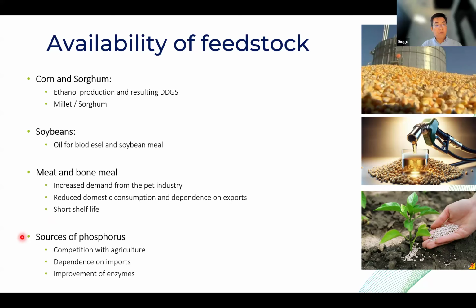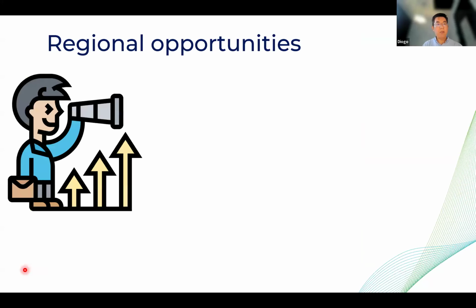Source of phosphorus, because phosphorus can compete with agriculture. In some cases, we have some dependence on imports of some ingredients to produce calcium phosphate locally. But fortunately, more and more we are seeing improvement in the efficiency of the enzymes, phytase in general.